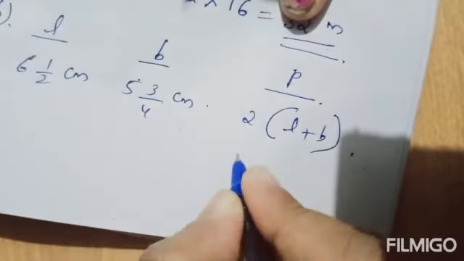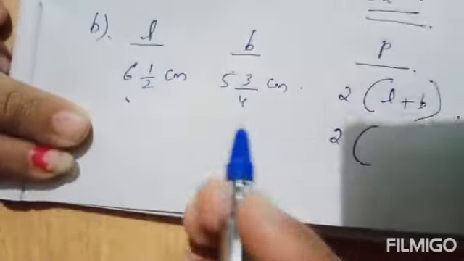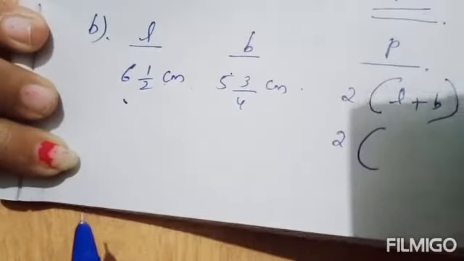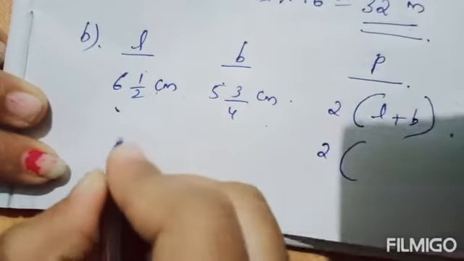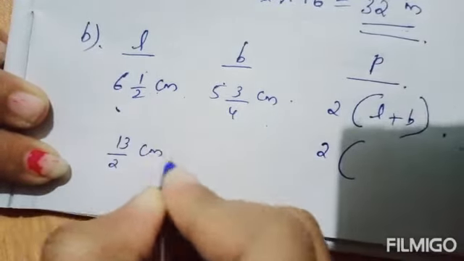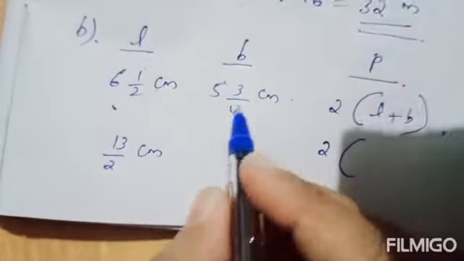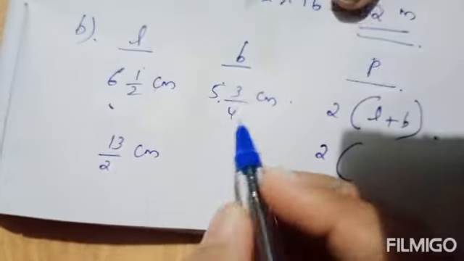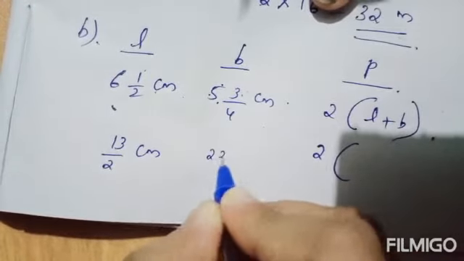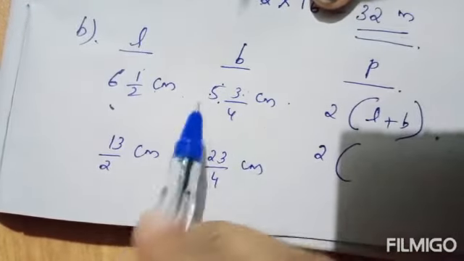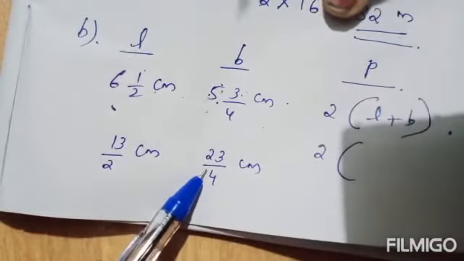First we convert 6 1/2 to an improper fraction: 2 into 6 is 12, 12 plus 1, 13/2 centimeter. Now 5 3/4 centimeter: 4 into 5 is 20, 20 plus 3, 23/4 centimeter. We are converting mixed fractions to improper fractions.